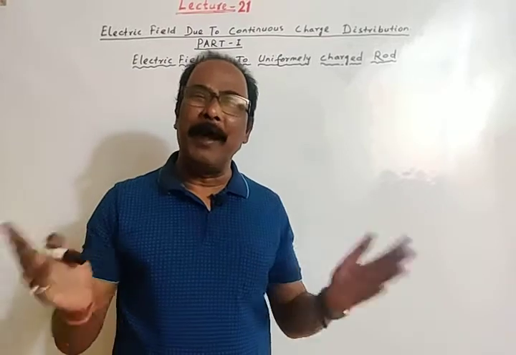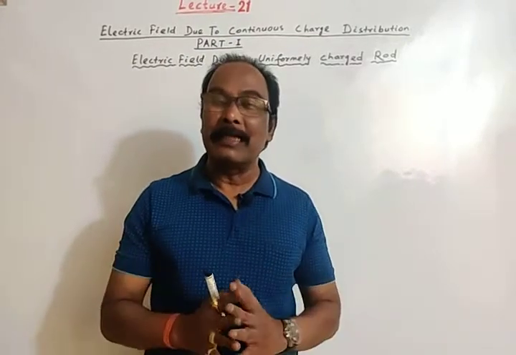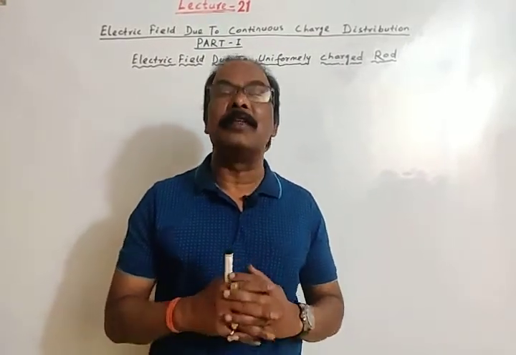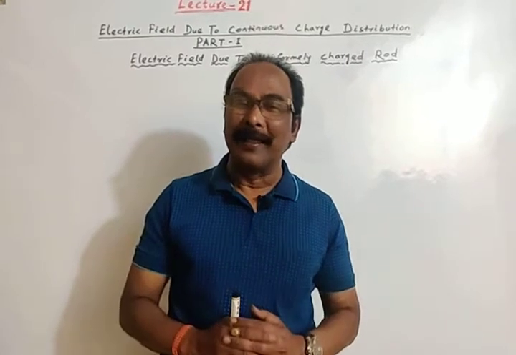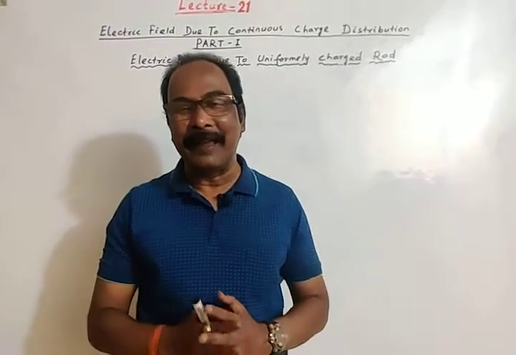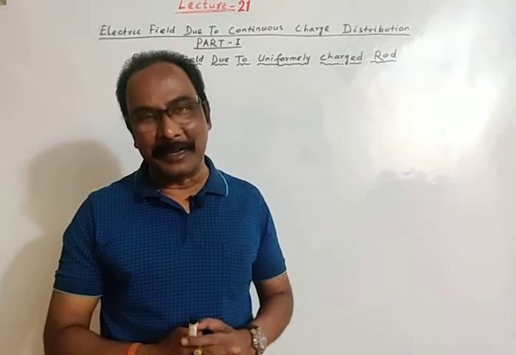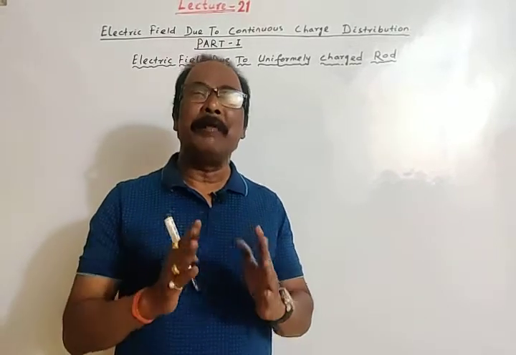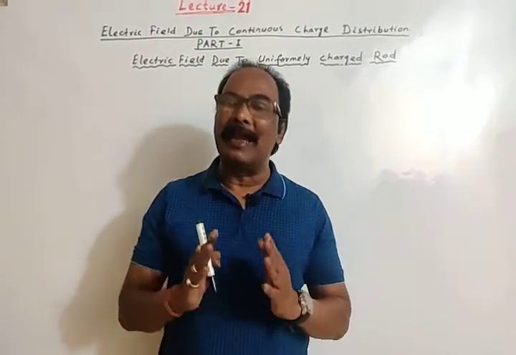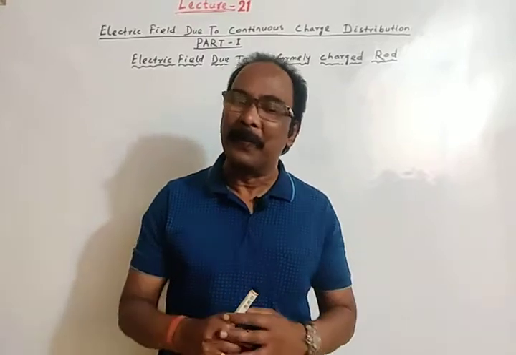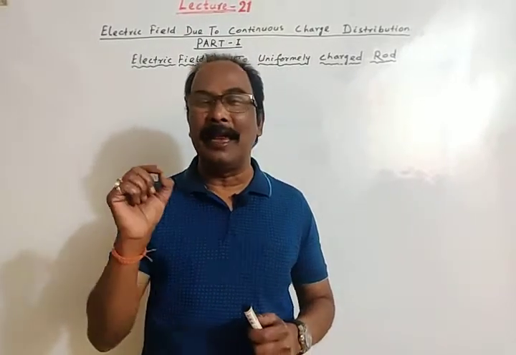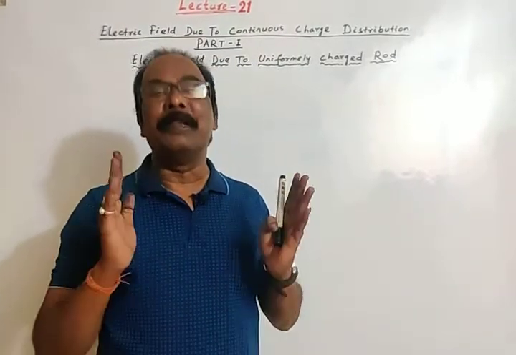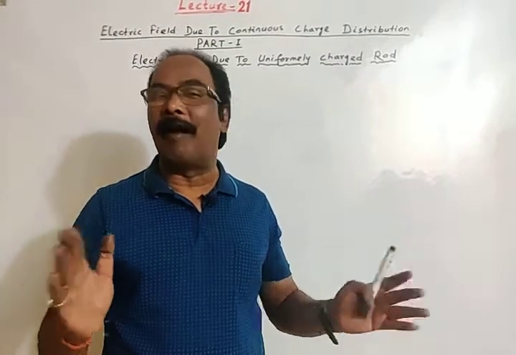I have divided the applications into different parts, and this is part 1 of electric field due to continuous charge distribution. In this part 1 we will discuss how to find electric field due to a uniformly charged rod.